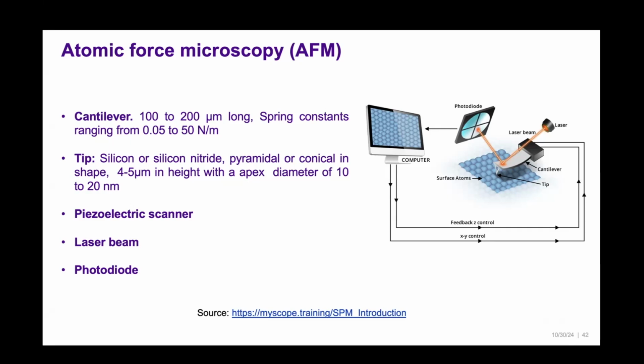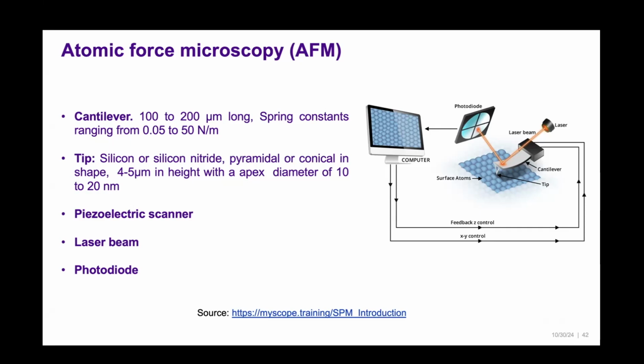The principle works because when this sharp tip goes very close to the object, on the surface of your sample there is an overlap of atomic orbitals, so that leads to repulsion. When two materials come very close together, that leads to repulsion. That's where the force is.